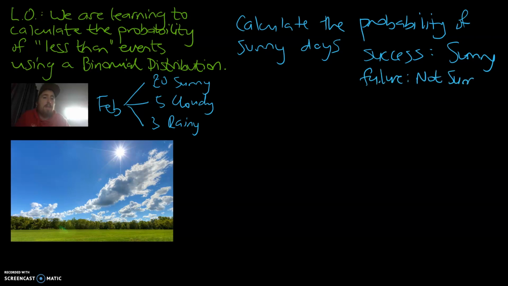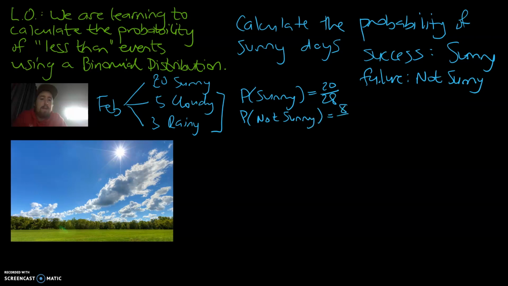That failure actually comprises 2 groups added together. So the probability of sunny is 20 divided by 28. And the probability of not sunny is 8 over 28. We can use these numbers to calculate the probability of less than events for future February months. This is a continuation of the previous video.